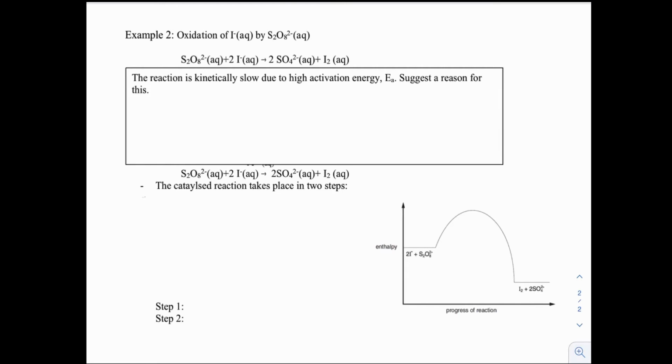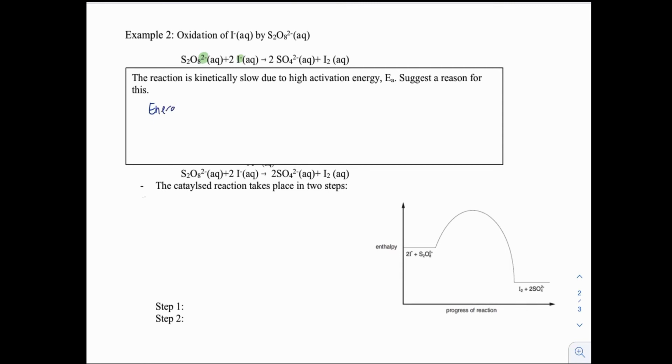That is because of this very important charge here. Now, if you notice that both of these ions are negatively charged, in order for these negatively charged ions to react, it requires a lot of energy for them to come close together because they always prefer to repel each other. So therefore, the high activation energy is needed to overcome the repulsion between the negatively charged ions. Okay, so we write it down.